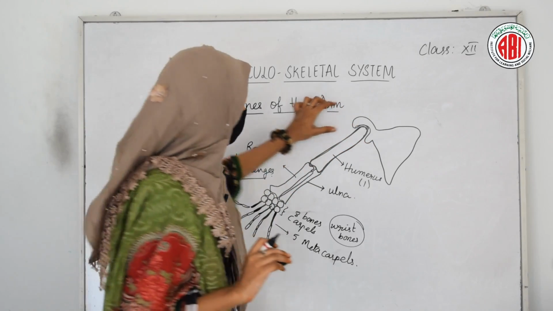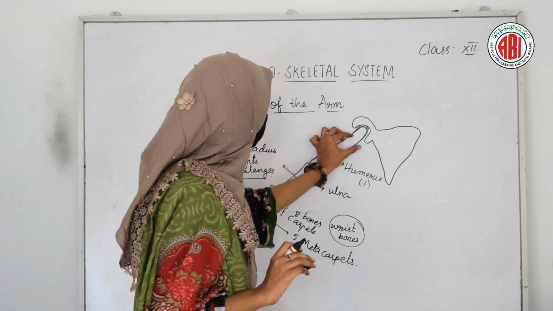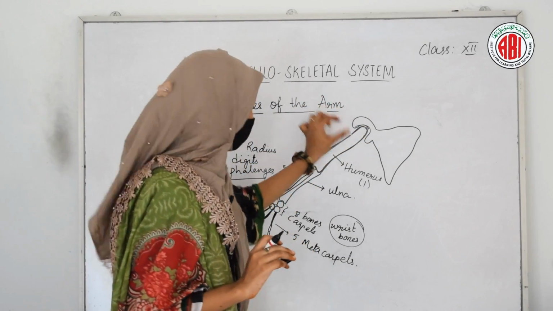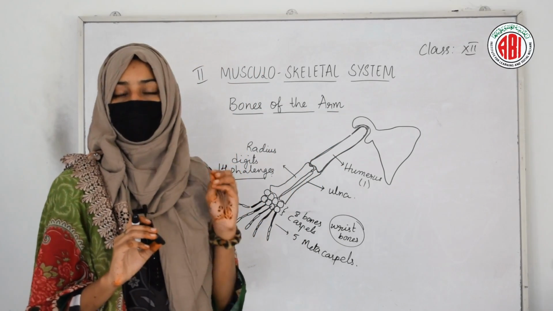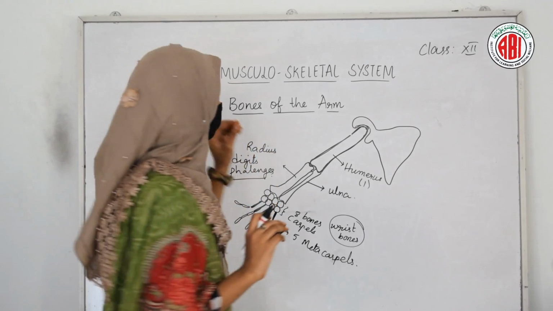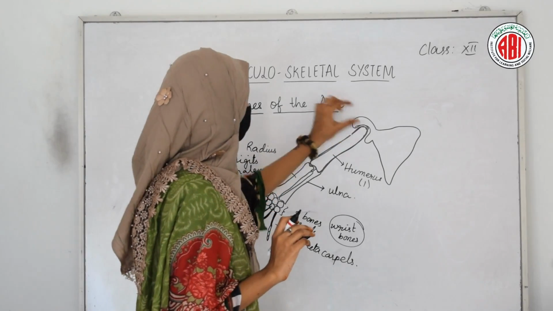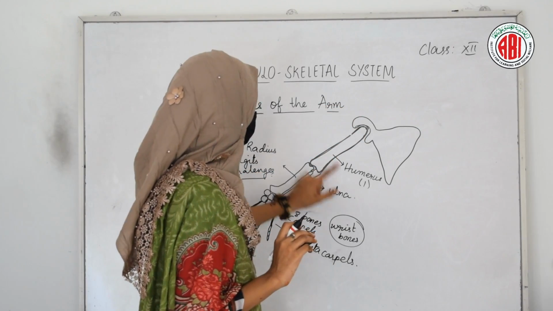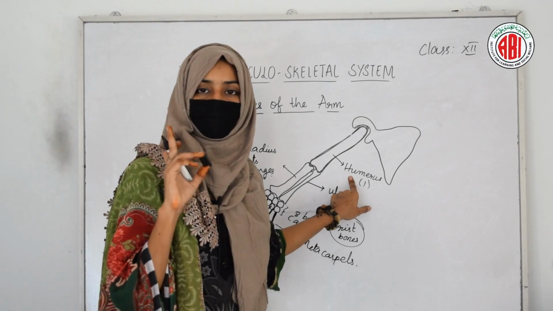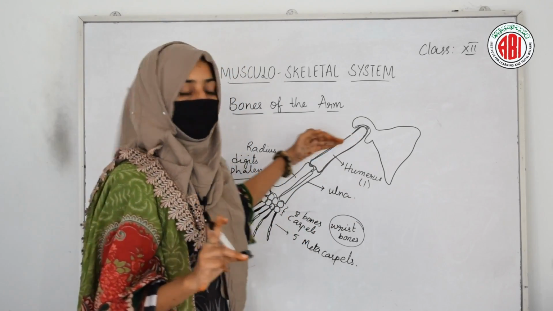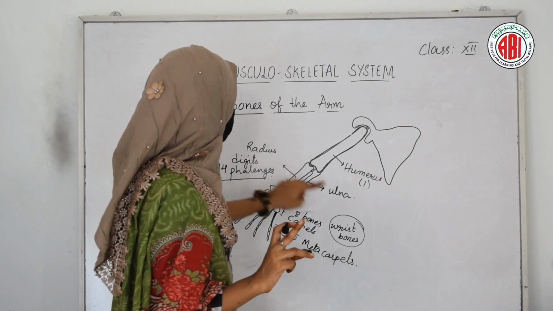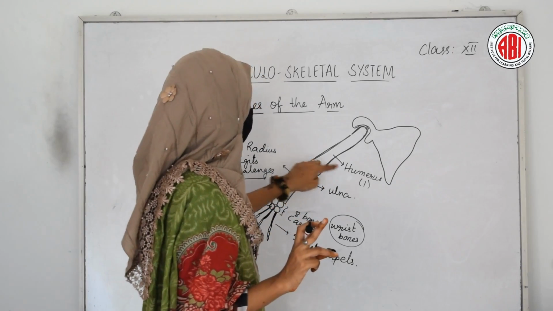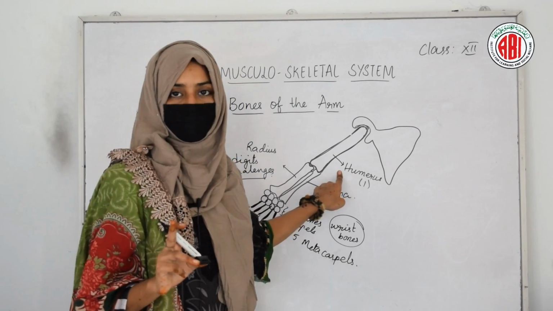In the glenoid cavity, one bone gets fixed, and that is the bone of the arm. The starting bone of our arm is called humerus and it is only 1 in number. When you move further, 2 more bones are found. One is radius and the other one is ulna. Both these bones get attached with the humerus.